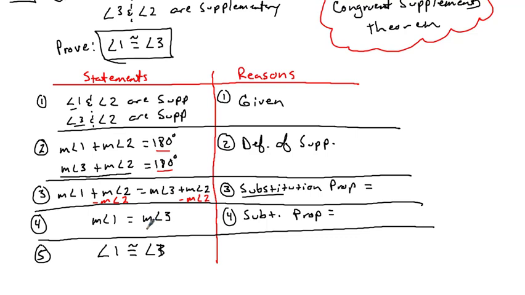So we're going to take the fact that they're equal and use it to say that they're congruent, and that is because we know the definition of the word congruent. The definition of congruent is that they have equal measures. So that's why we can go from equal to congruent.